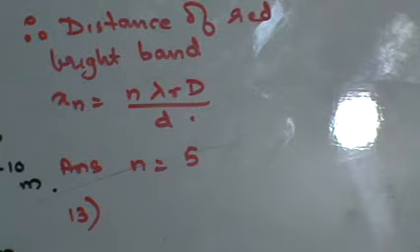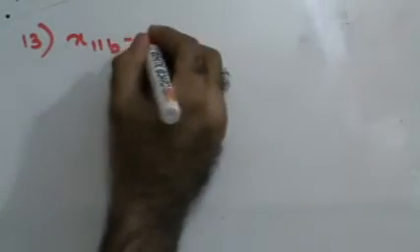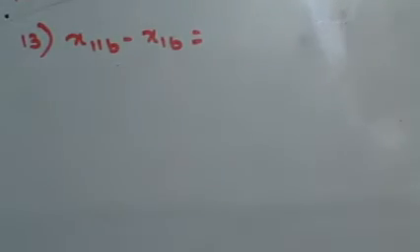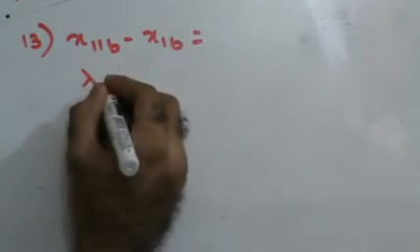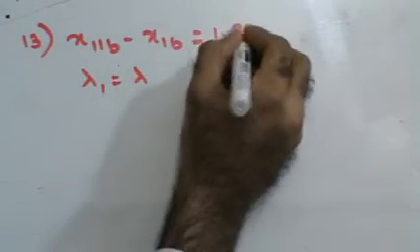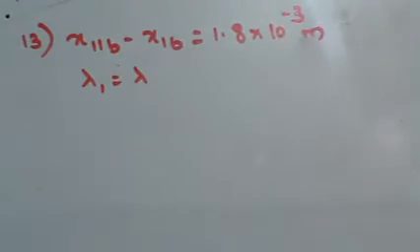In biprism experiment, the distance between the first and the 11th bright fringe formed by a light of wavelength lambda is 1.8 into 10 raised to minus 3 meters.